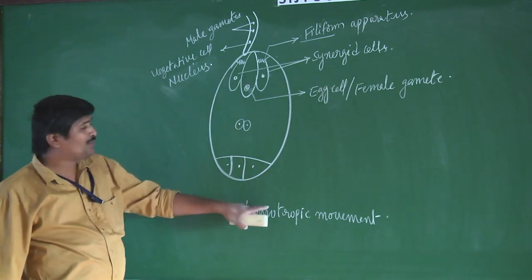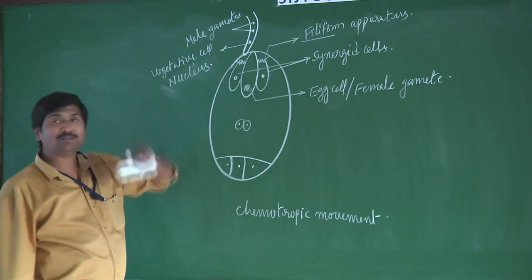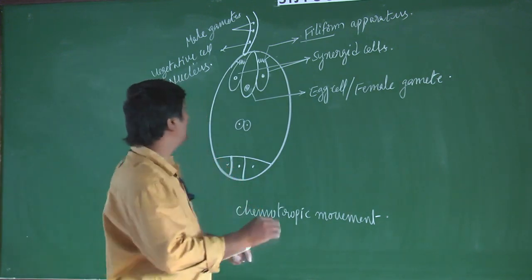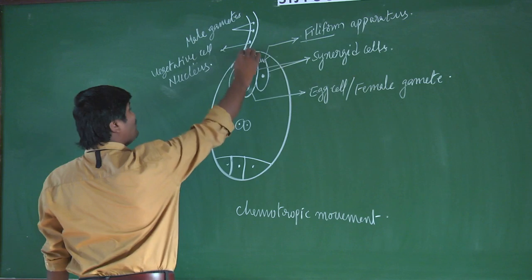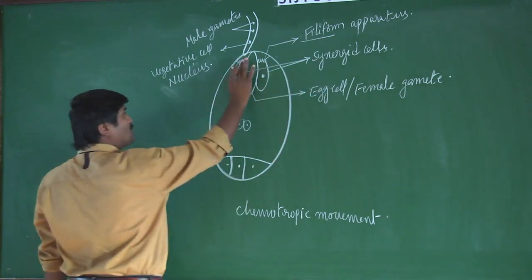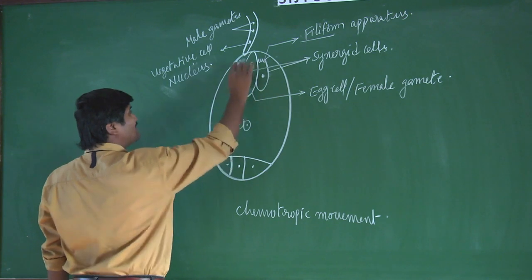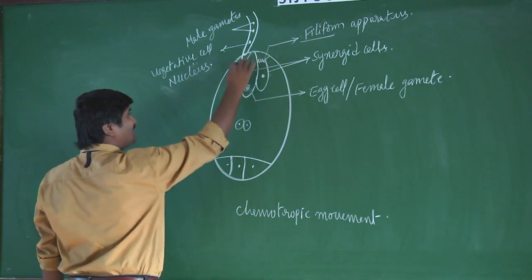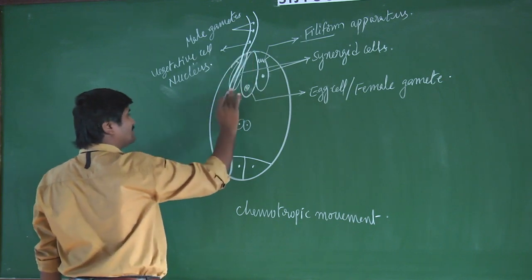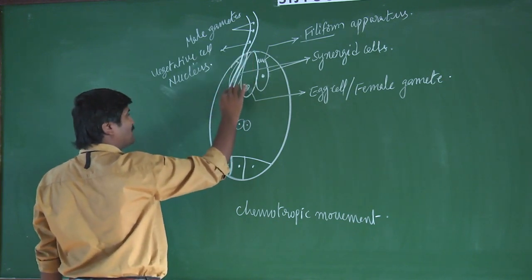The growth is controlled by the chemicals. And finally the pollen tube enters one of the synergid cells, destroying that synergid cell, and then the pollen tube grows gradually inside the embryo sac. See here.